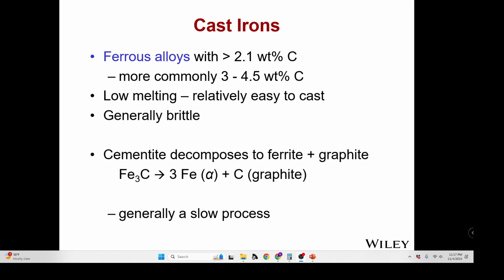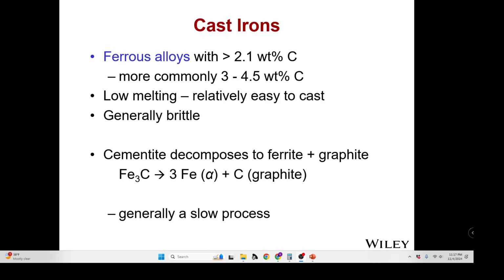Brittle, it's strong enough to do the job, but if you were to just drop it from a rooftop or something, you're going to break it because it's pretty brittle. The cementite decomposes to ferrite and graphite, and that's why when you do break one of those, you'll find that your hands get covered very quickly in graphite because there's a large amount of graphite present in those cast irons.